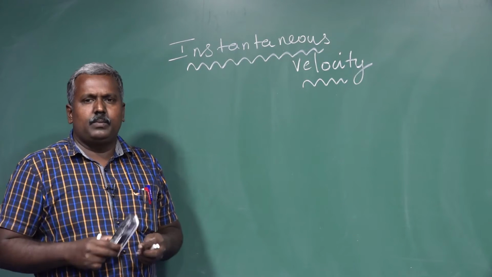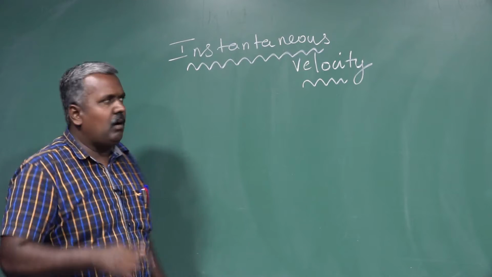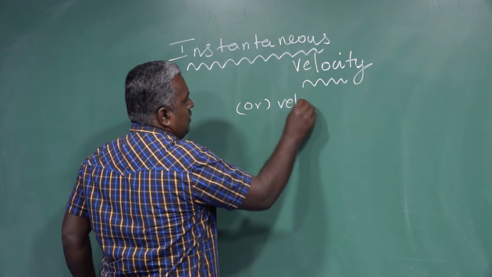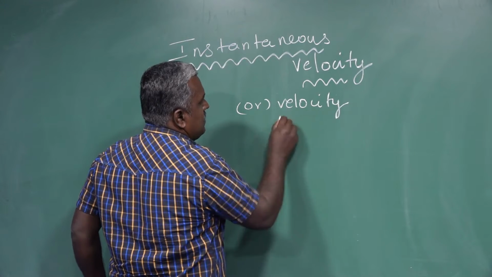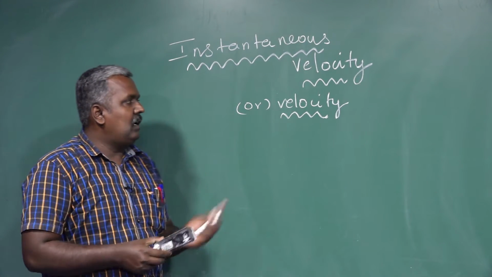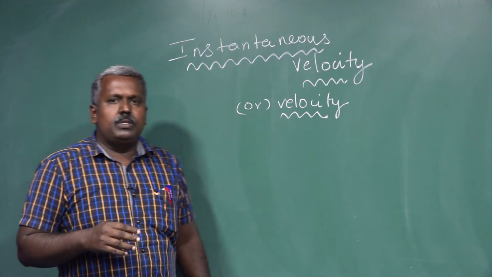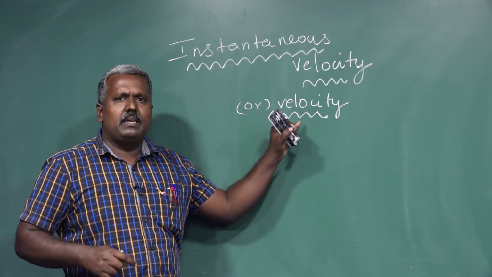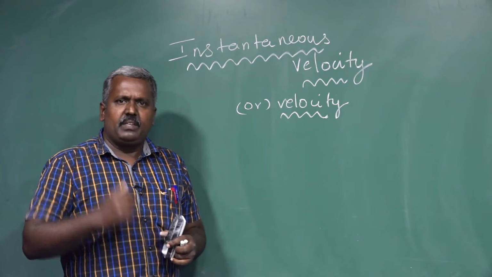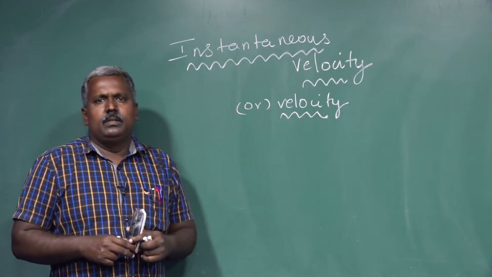Now we are going to discuss instantaneous velocity, or simply, that is called velocity. Already you have studied the basic concept or definition of velocity in earlier classes like 6th, 7th, 8th standard.